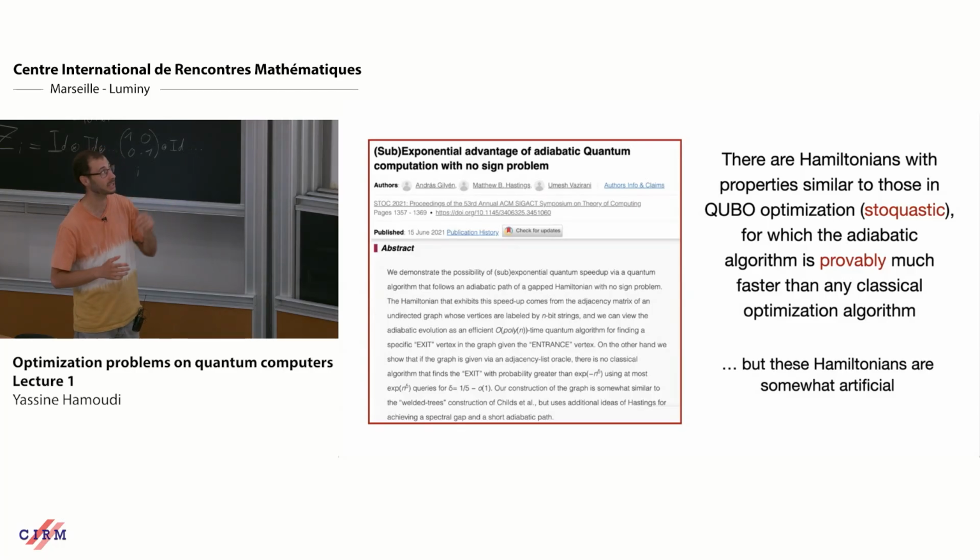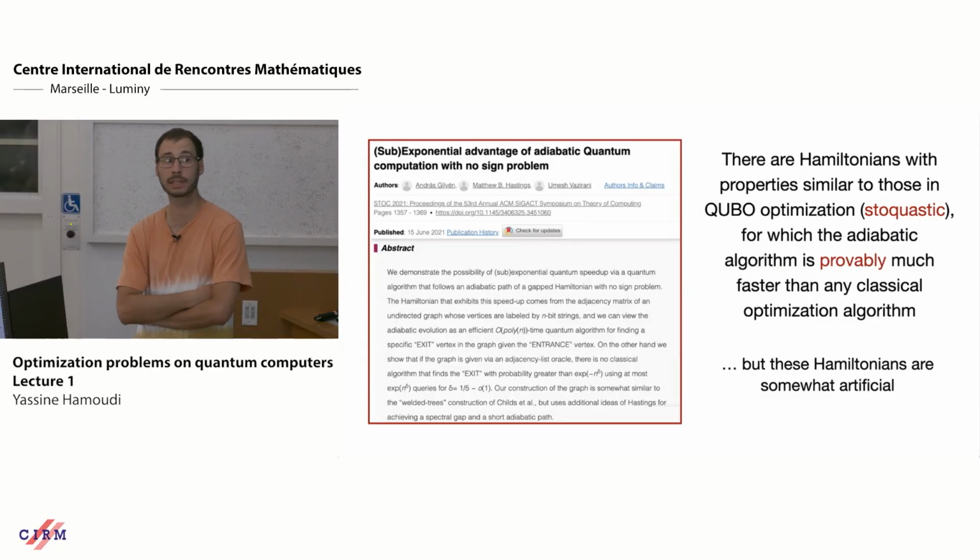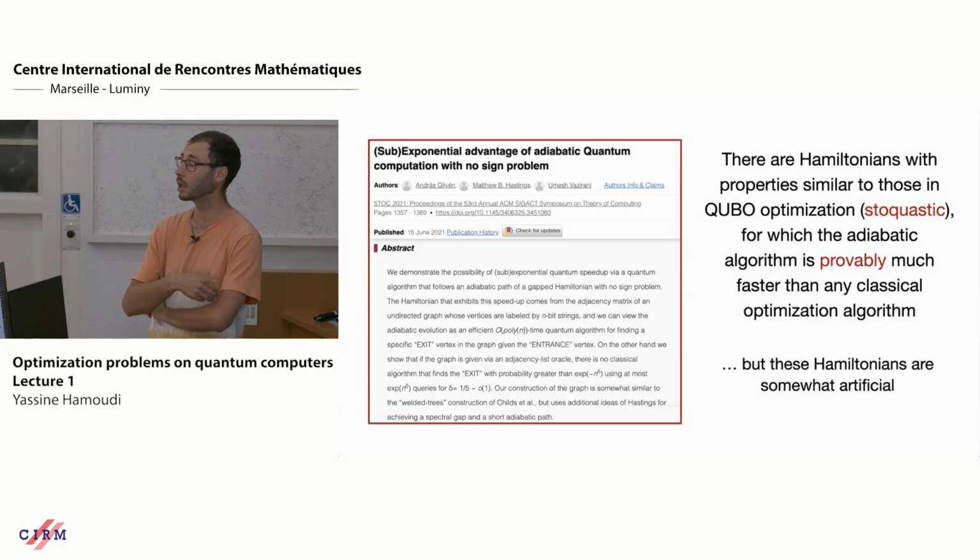In particular, there are stochastic Hamiltonians for which it has been proved mathematically that the adiabatic algorithm would be almost exponentially faster than any classical optimization method. So it's a provable result about the superiority of this algorithm on certain kinds of Hamiltonians. There is some hope that it could be interesting to use this kind of technique in the long term to solve some concrete optimization problems.